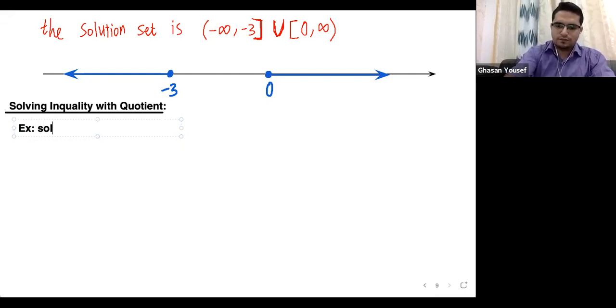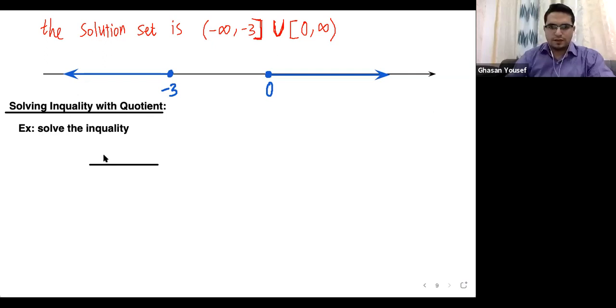Solve the inequality (1 plus x) over (1 minus x) greater than or equal to 1.